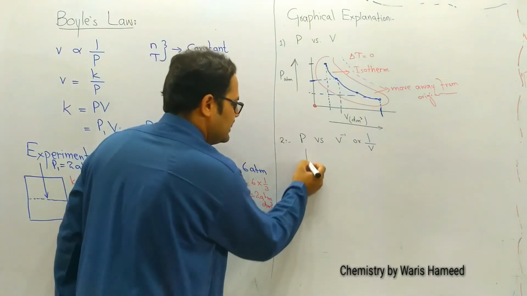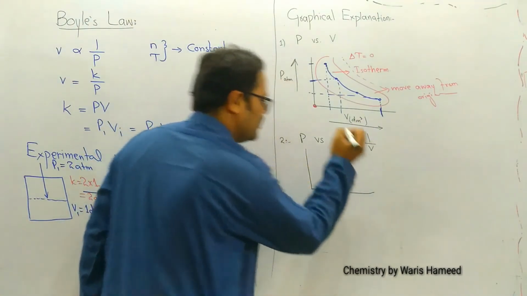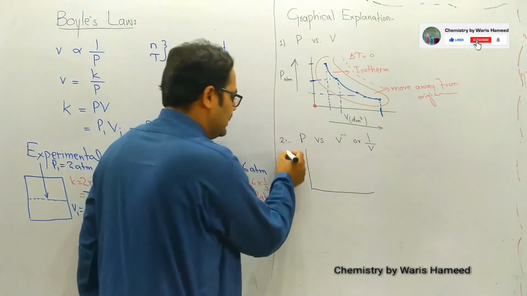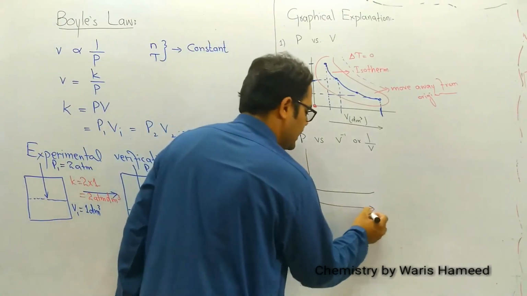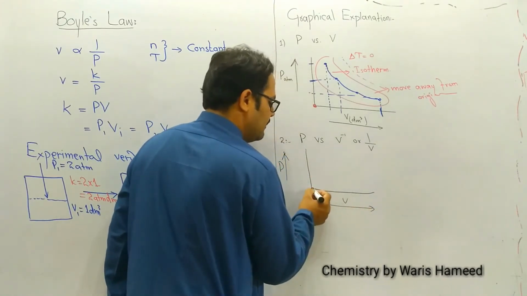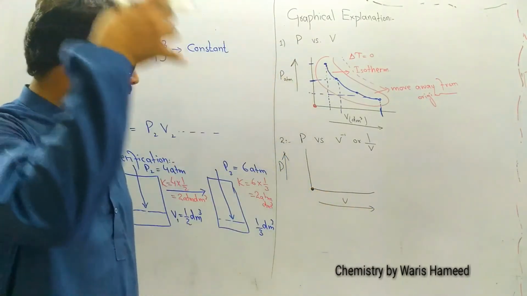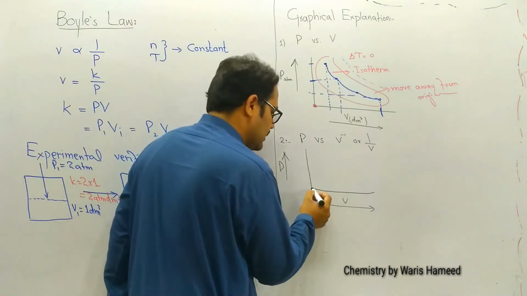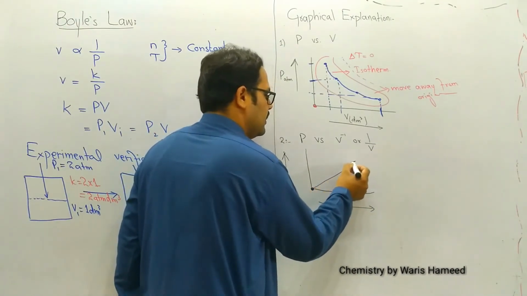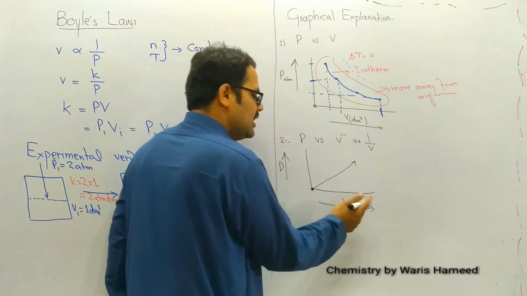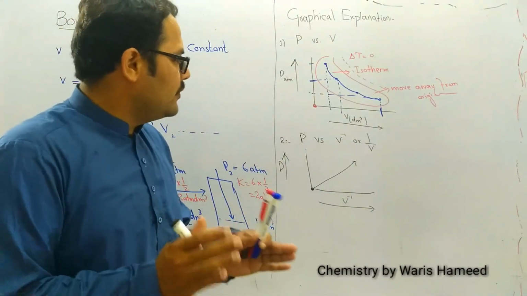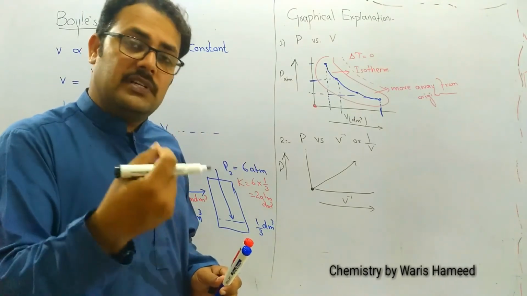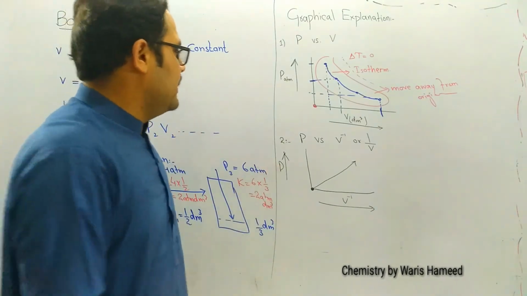So, in this graph, we will obtain a straight line. Here is the pressure and here is the inverse of volume. The straight line will emerge from the origin. As pressure increases, the inverse of volume also increases. Not volume, the inverse of volume will increase.